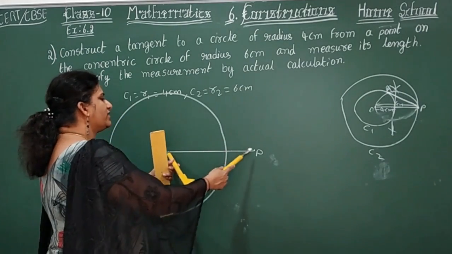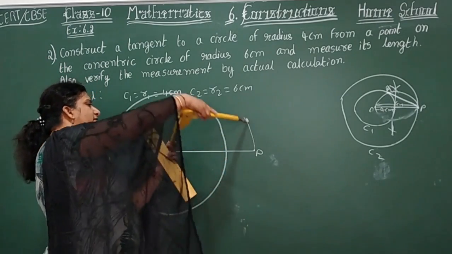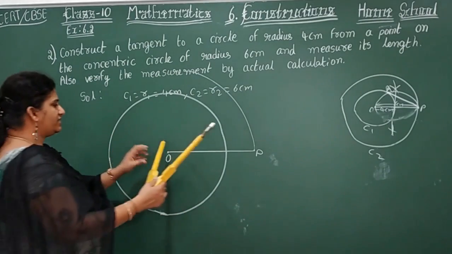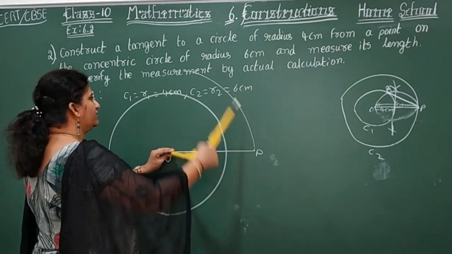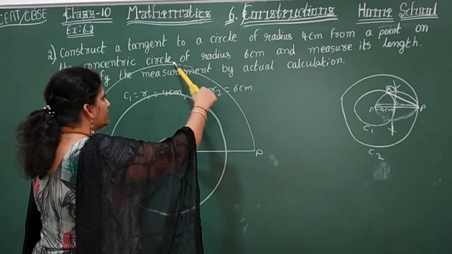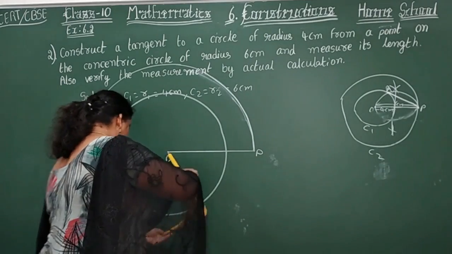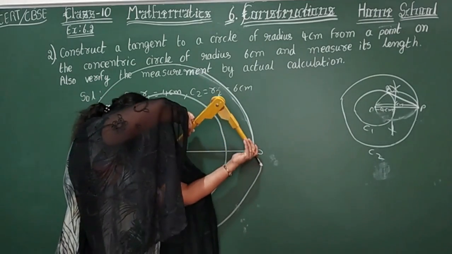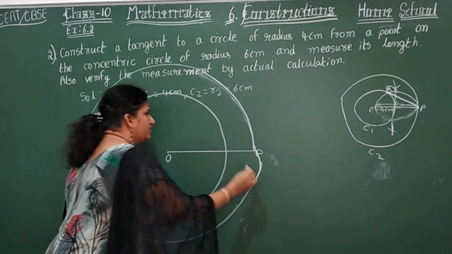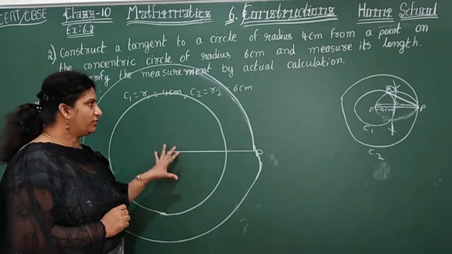Now from here, what is the line length here, children? 6, no? So with this 6 centimeters, draw another circle. Please try to understand the problem.